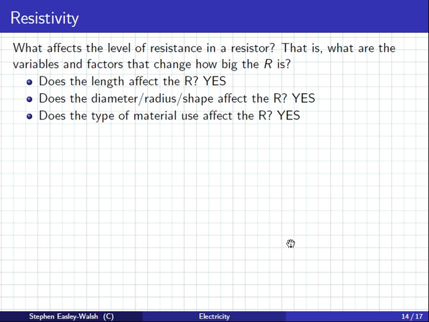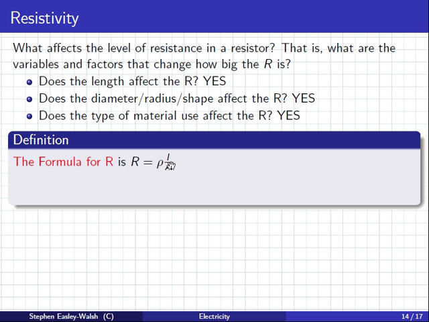In fact, we can put this all together and get a formula. Now, what you have to be careful about is the area is in the denominator. So as it gets fatter, you actually get less resistance. If you have a small, skinny resistor, you have more resistance. The length is on the top, which makes sense. If it's twice as long, it should have twice the resistance. And what do you think the job of this constant is here? It's for the material, yeah. So if the material has a lot of resistance, what do you think this constant is doing? It's a bigger value, yeah.